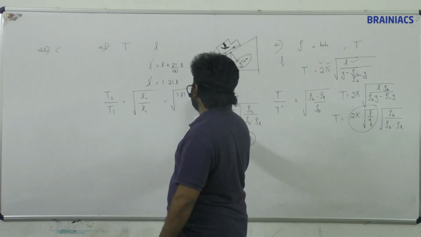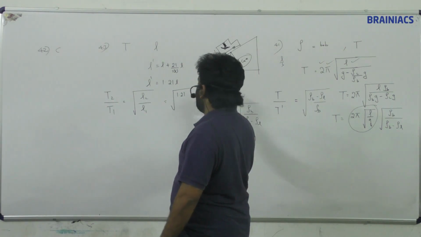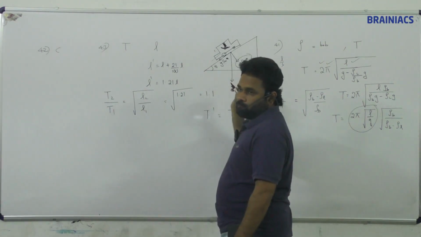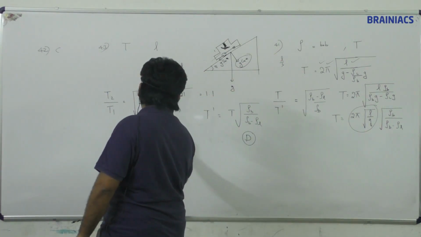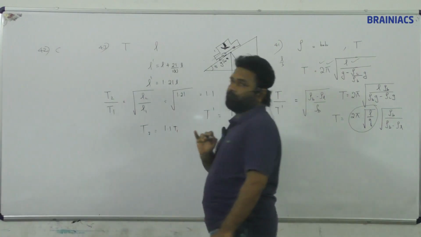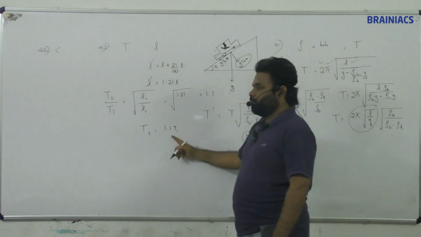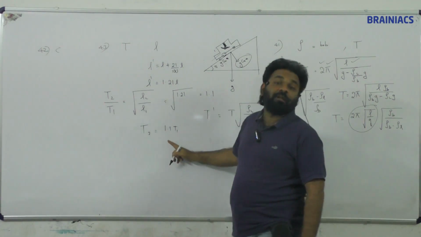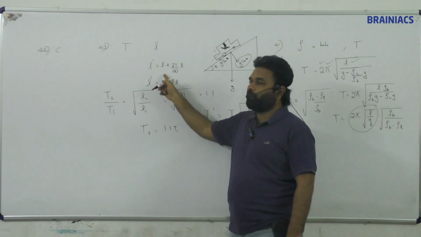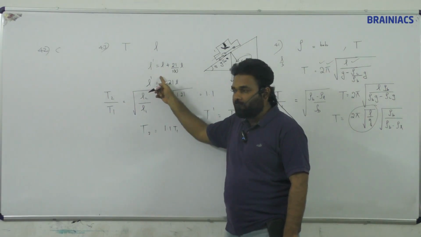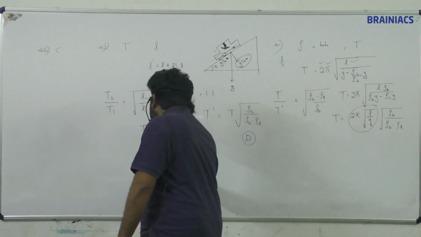So what is this actually? 1.1. So T2 is equal to 1.1 T1. So how much change will there be? 10% change. The way we took this earlier, same way we can take this also, right? So 10% change.